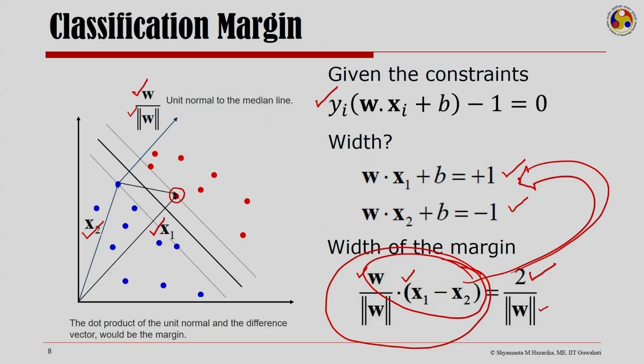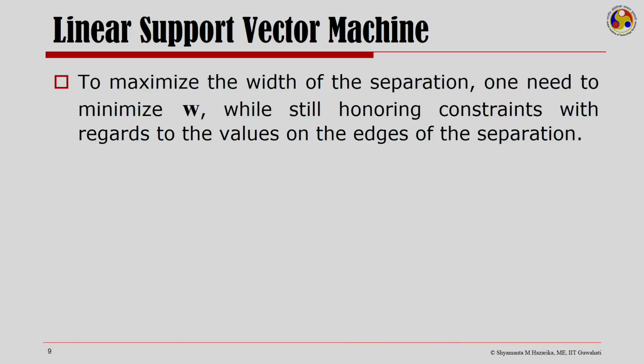Once I have this, if I want this width to be maximum, all I need to look for is the value of W so that this becomes maximum. To maximize the width of the separation, one would need to minimize W while still honoring the constraints with regards to the values on the edges of the separation.